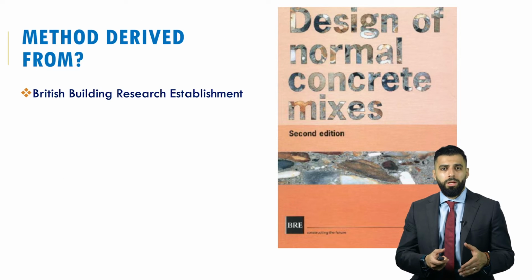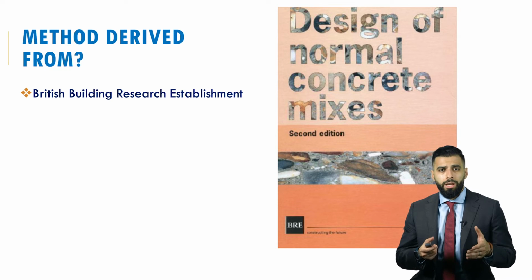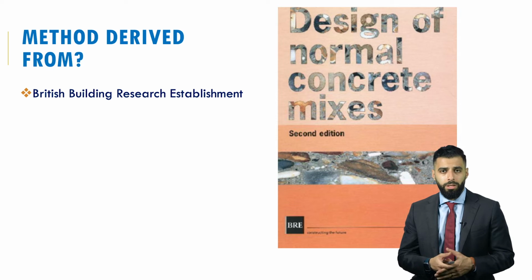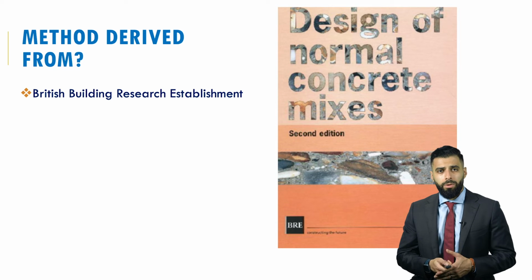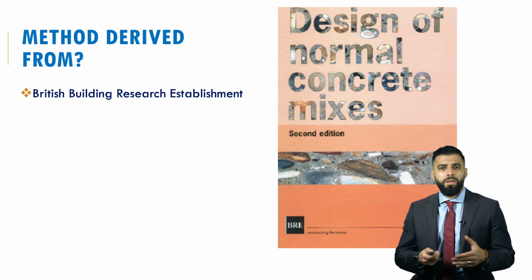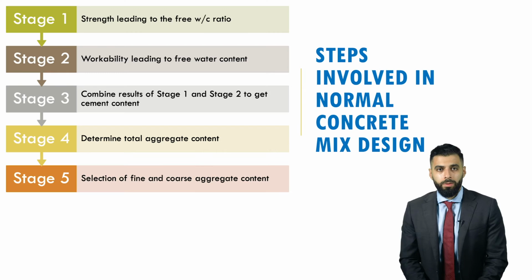So the method that we're going to go through is based on the British Building Research Establishment guidelines. It's an easy set of guidelines that's commonly adopted in many countries around the world. So what are the inputs and outputs associated with the concrete mix design method?